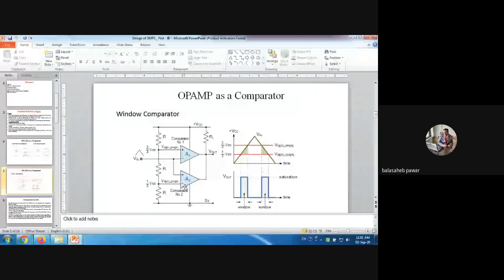So just apply the logic according to the potential difference between input terminals for both op-amps and what will be its output. Is it? So you will get this output. Are you getting it, about the window comparator? Yes or no?